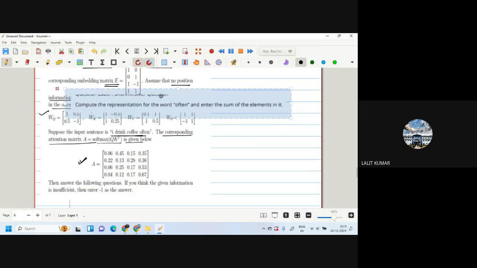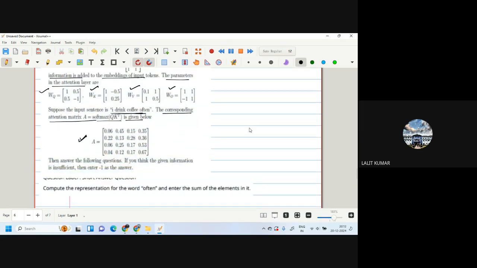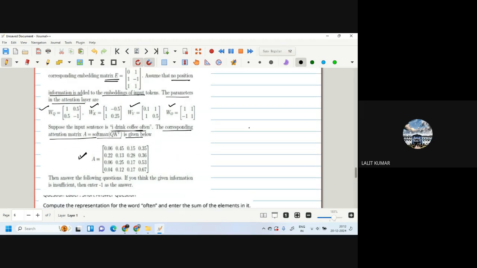Compute the representation for the word often and enter the sum of elements in it. So what is the representation when we see the formulas? First we calculate this.